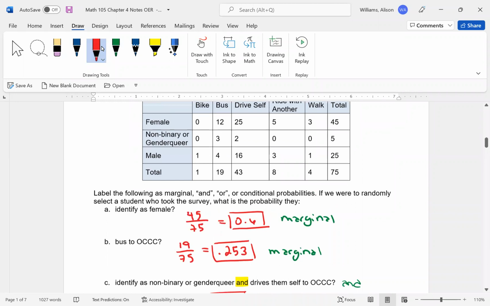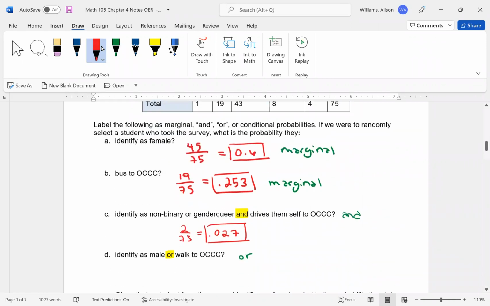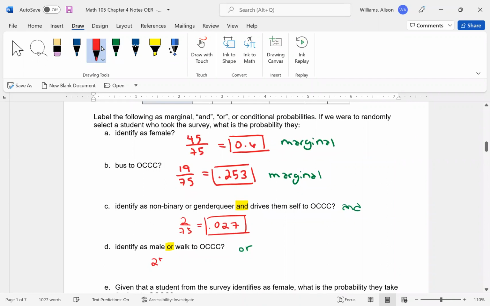People who are male, that would be this row right here. That whole row are people who are male. So there's 25 total who identify male. Here, I'm going to put M underneath that to represent those are the people who are male.